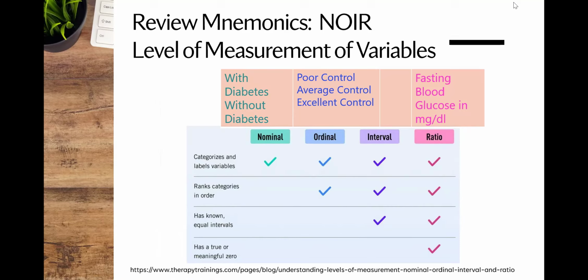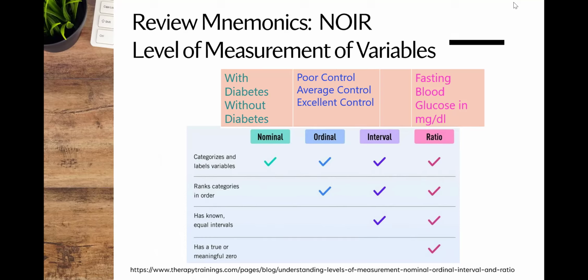For example, let's look at diabetes as a possible variable. If you want to do a study that looks at diabetes, you realize that there are many ways of expressing it. For example, you may categorize people into those with diabetes and without diabetes. And that is actually at the nominal level of measurement.